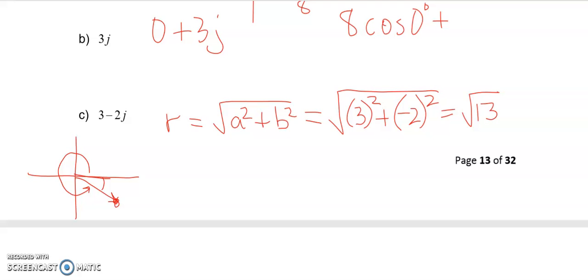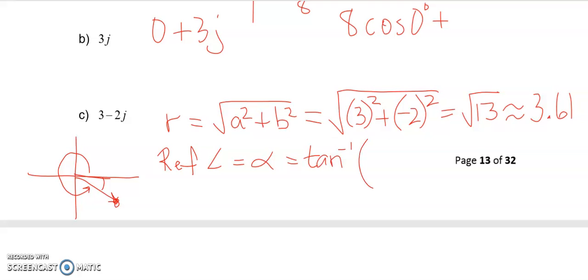Now that's the exact value of R. You can actually use that if you wanted to, but if you use your calculator and find out approximately what that is, you get about 3.61. Now, the reference angle. Let's do that calculation. Like I said, in Math 1700, you were calling that alpha. You can still call it alpha if you like. It's equal to the inverse tan of b over a.